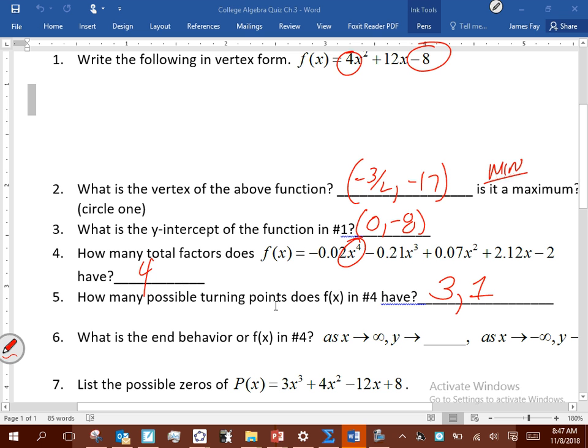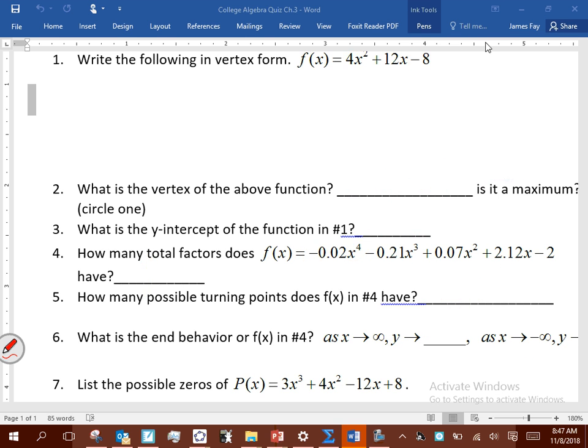Now the end behavior: this is a 4th degree polynomial, but it's reflected over the x-axis. I don't know if you would consider it concavity, but as x goes to positive infinity, y goes to negative infinity. And as x goes to negative infinity, y is also going to go to negative infinity. So it's negative infinity on both ends.